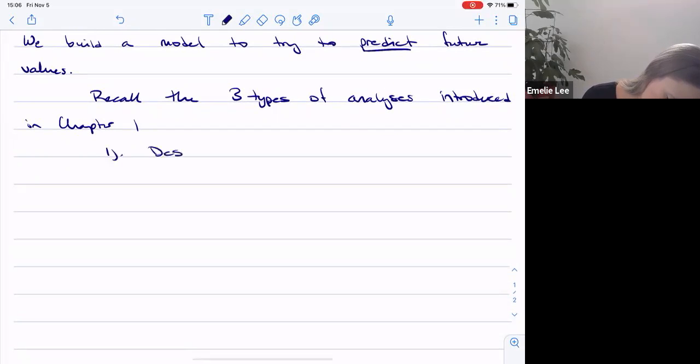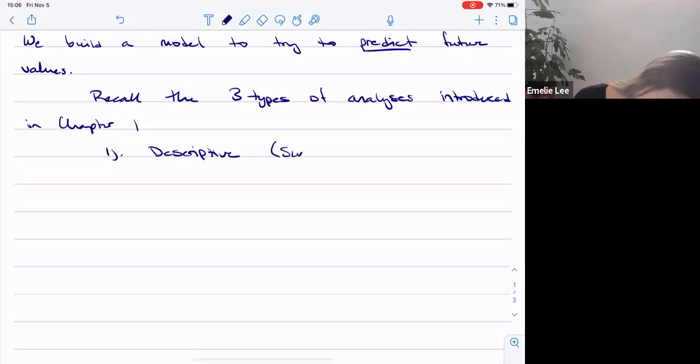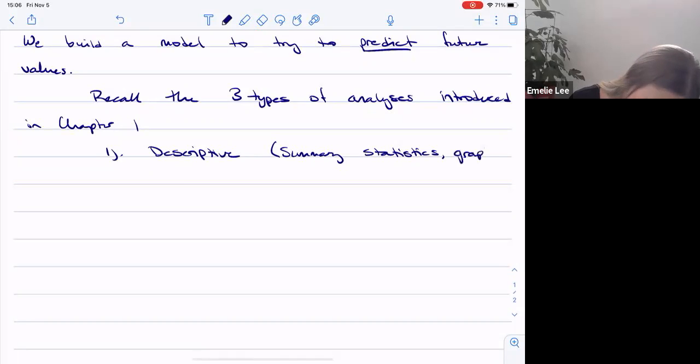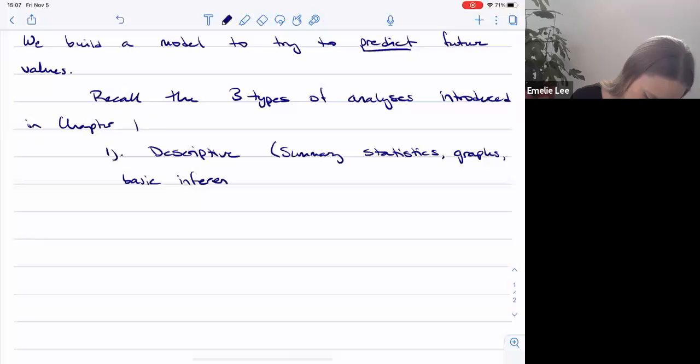The first one is descriptive. Those are things like summary statistics, graphs, basic inference. I would argue all inference, but I'm going to stick to basic inference.